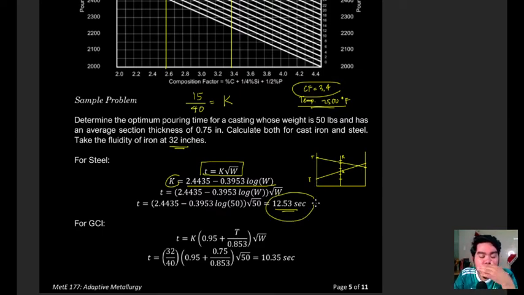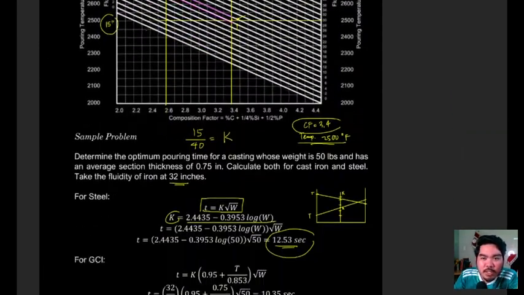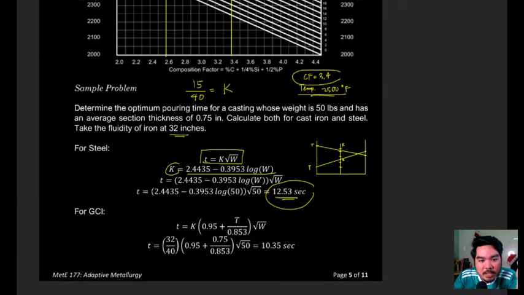This pouring time is important because we will use this pouring time value when we compute for the choke area. For GCI, since this is only 50 pounds, it is less than 800 pounds, the limit for GCI, so we use the square root of W. The fluidity of iron is 32 inches.